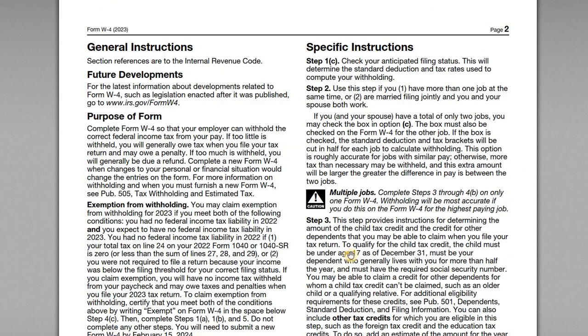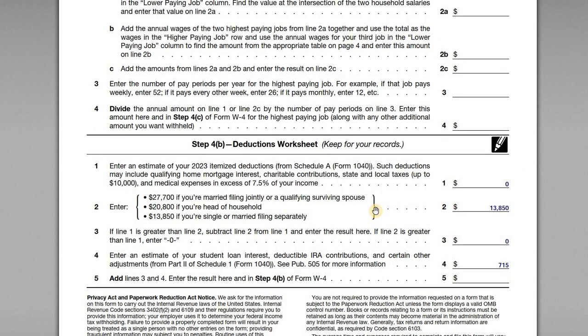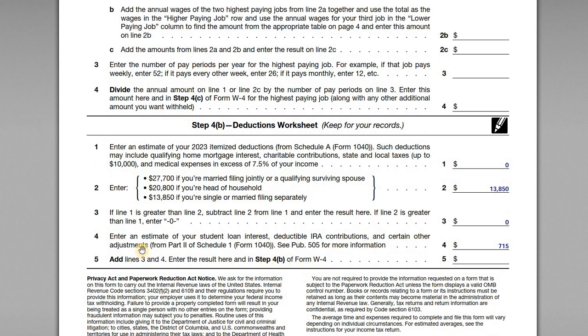Now, John could do much more here, right? So if we go back to step 4B, notice they're being asked here for an estimate, right? So what is an estimate of what we're going to be claiming on Schedule 1, Part 2? Well, what if John wanted to make some traditional IRA contributions? He maybe hasn't made them yet, but what if he determines, well, I think that during the year I'm going to try to open a traditional IRA, or I already have one, and I'm going to put in $1,000.